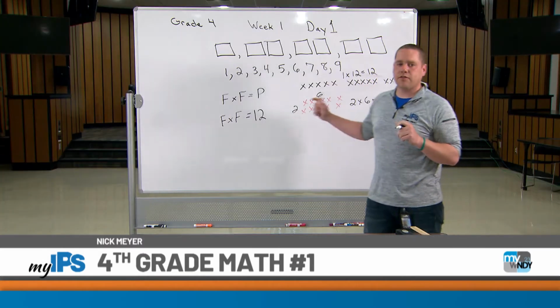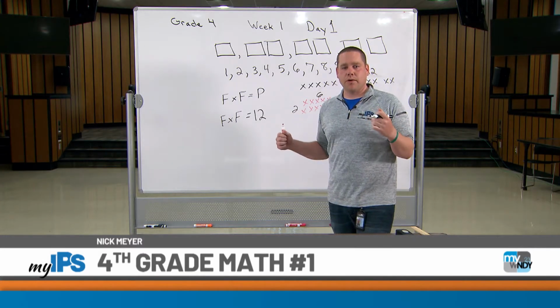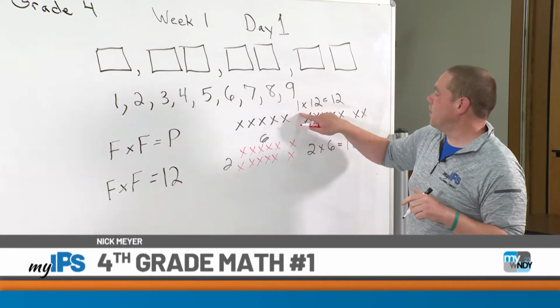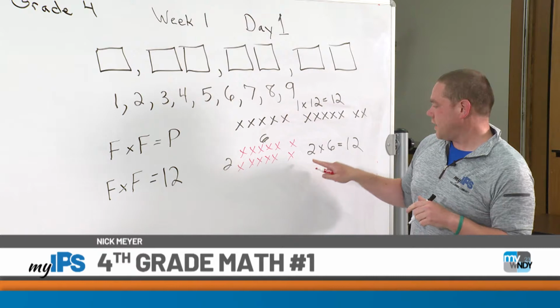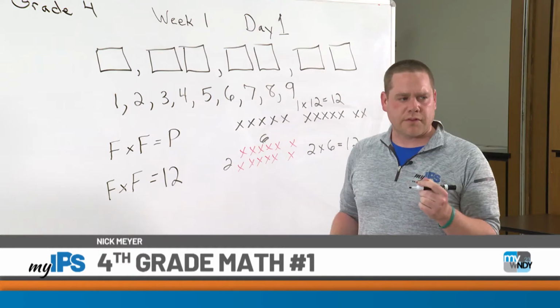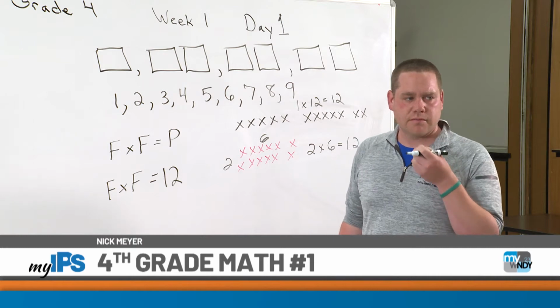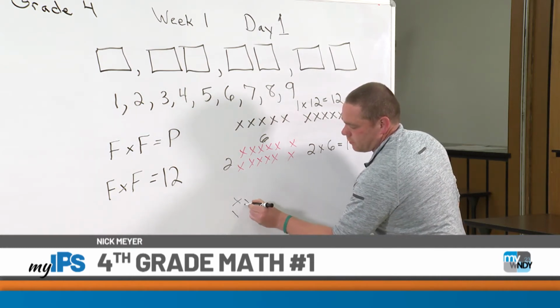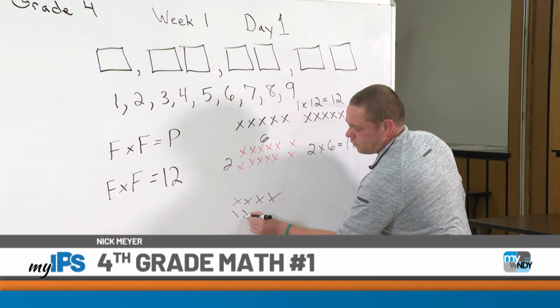So does 12 have more than 2 factors? It has 1 and 12 as factors. It has 2 and 6 as factors. Is there another way we can make 12? Does 3 times something equal 12? That's right. Somebody said 3 times 4.